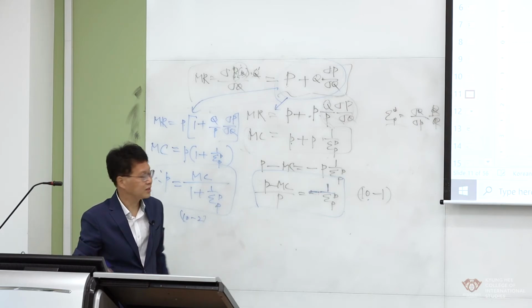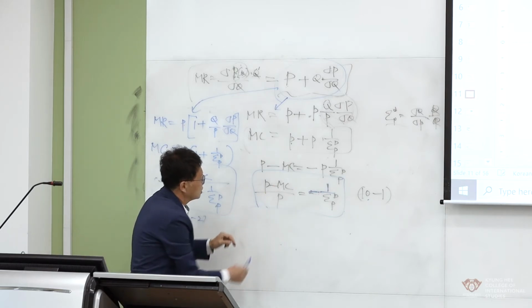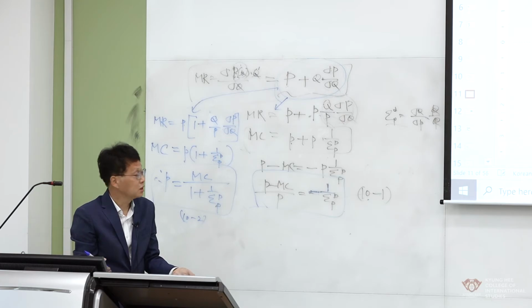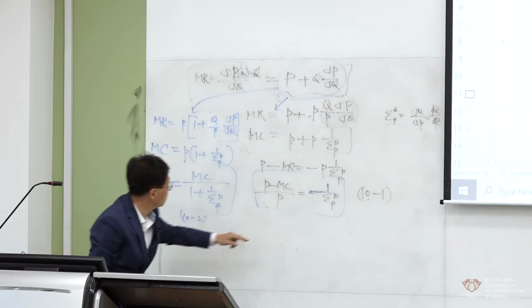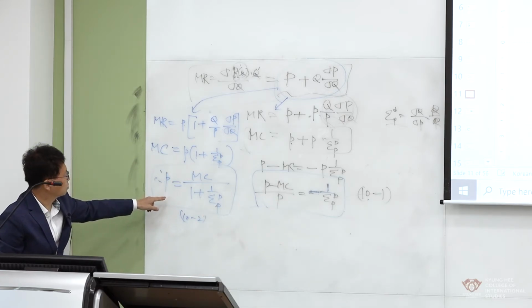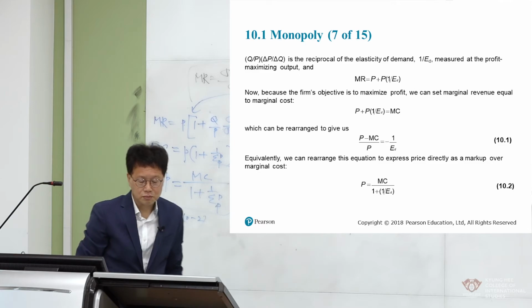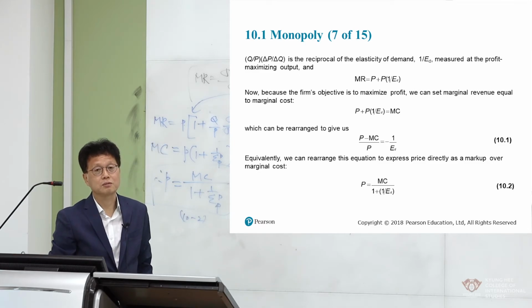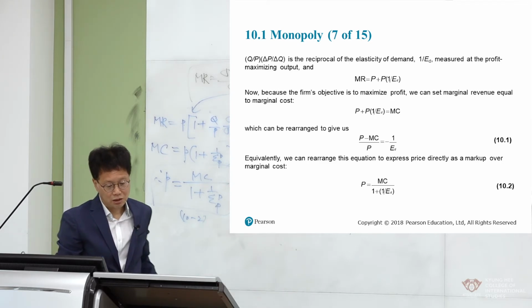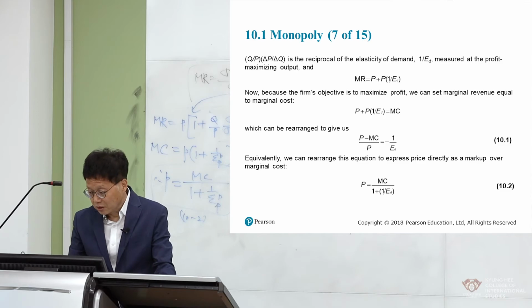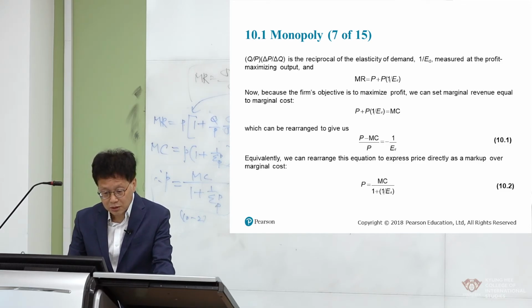In the next section, we will call this one Lerner's index. That is equation 10.1. And the other is 10.2, which is very useful when we study monopoly pricing and calculate market power. So next slide.